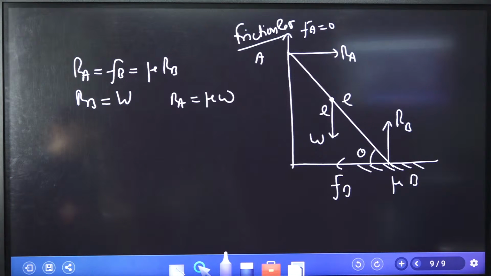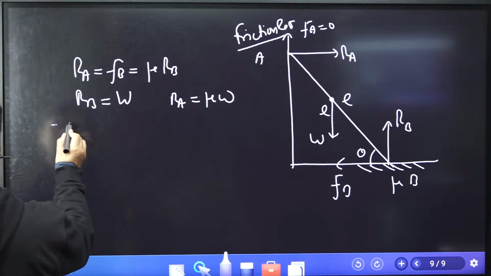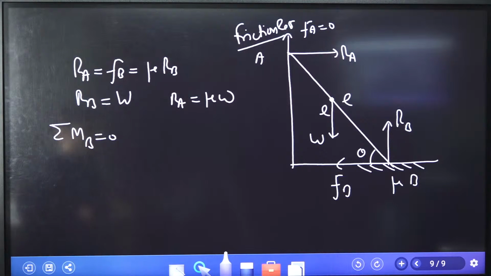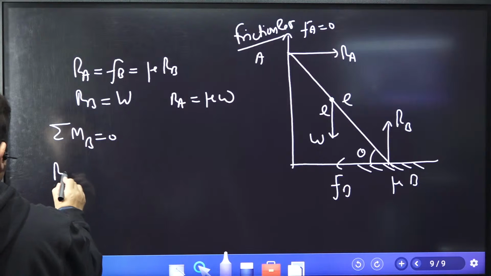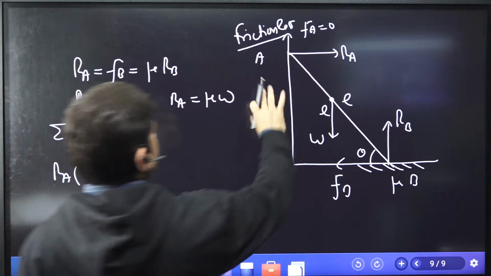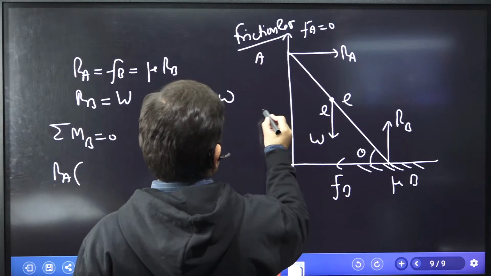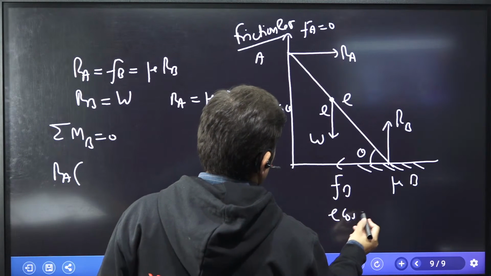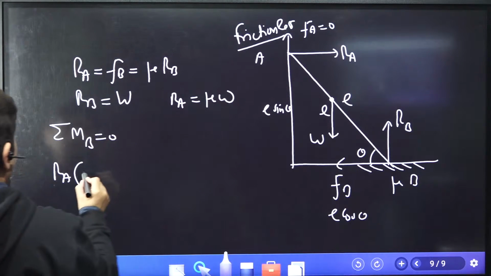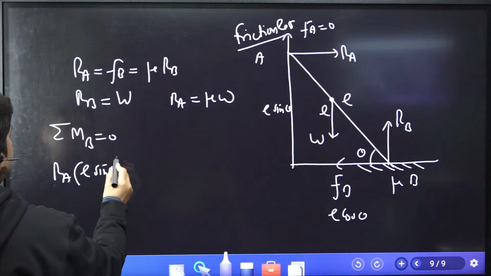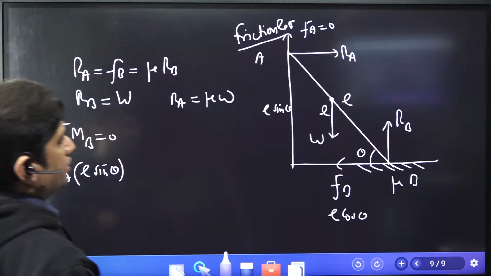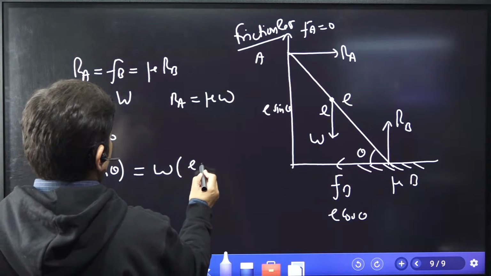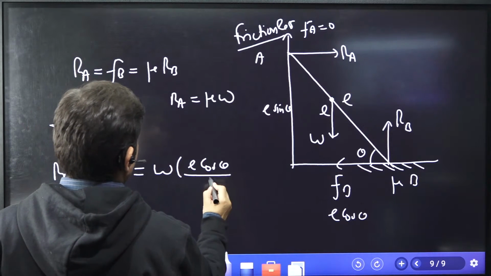Now take the moment of all forces about point B and equate it to 0. RA into how much is this distance? This is L sine theta. This distance is L cos theta. So RA into L sine theta clockwise is balanced by W force into L cos theta by 2.